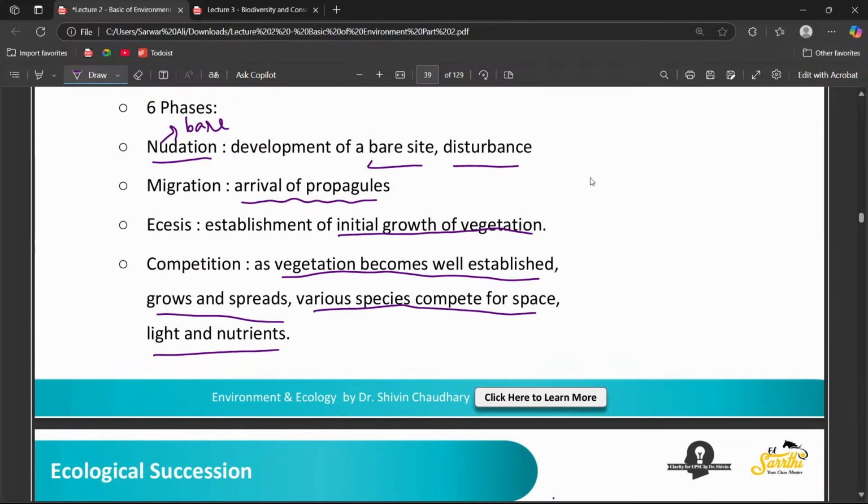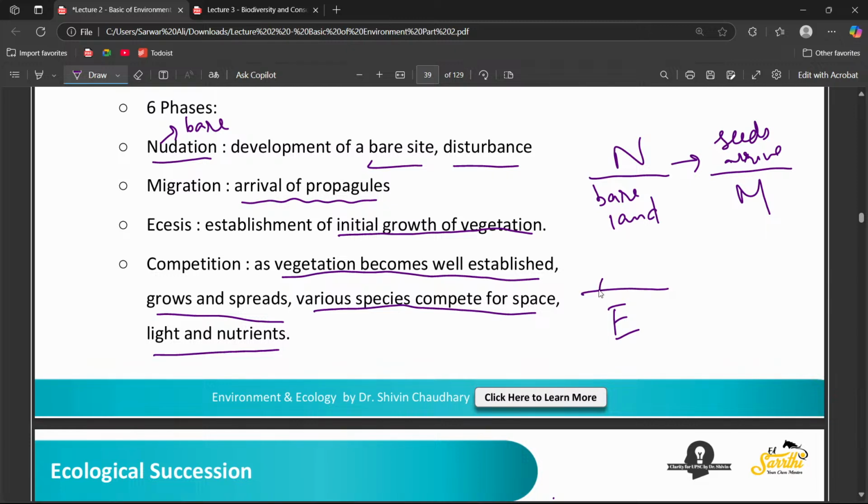So according to Clements, what are the 6 stages? Nudation, which means, let's say this is a bare land, nothing is on it. Let's say propagules arrive, let's say seeds arrive. This is the second stage. This is N, this is M. Then we have E, which is, let's say small plants are growing.